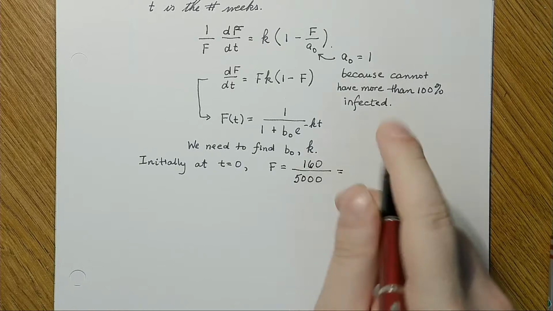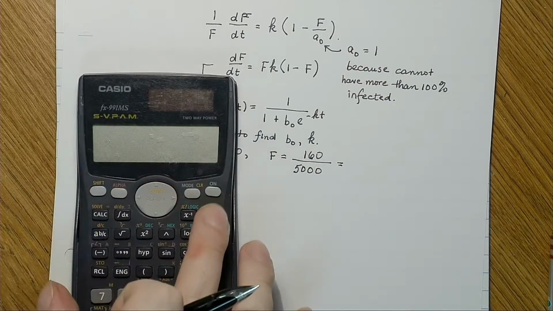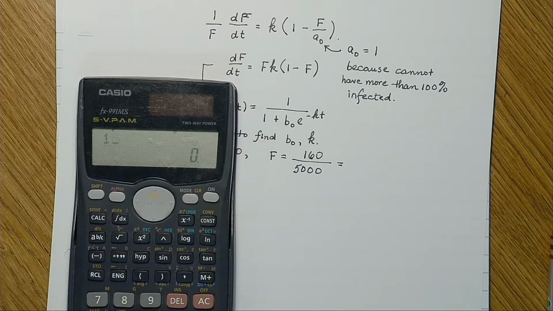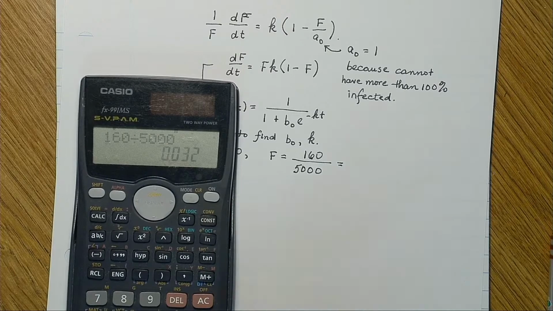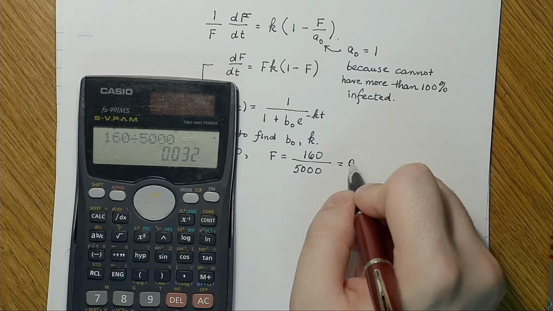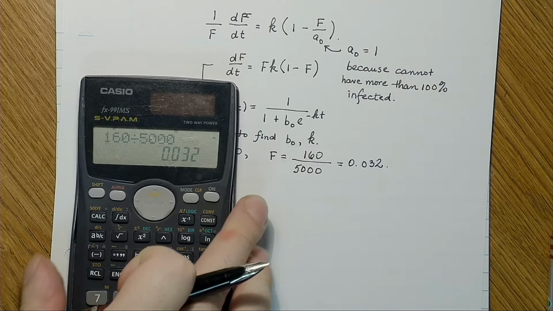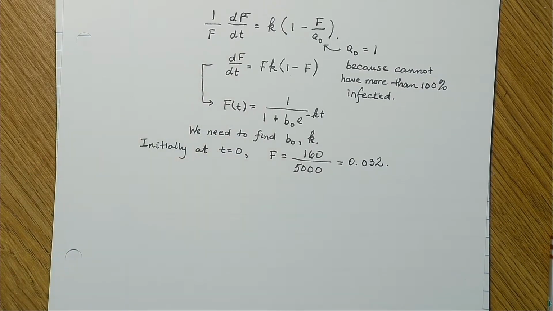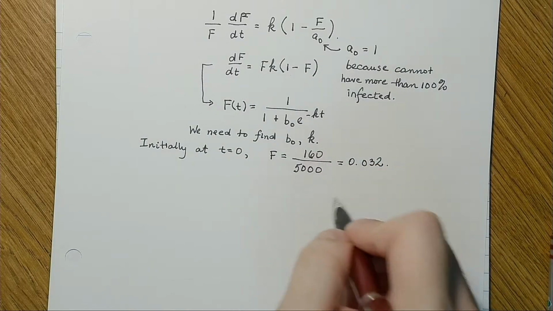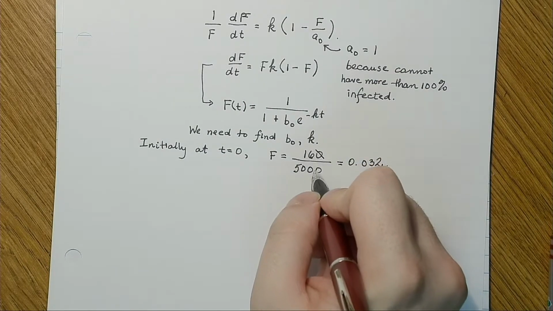So that's equal to 160 over 5,000, or 16 over 50, which should give you 0.032. Right? So if you had doubled it, boom, just like that.